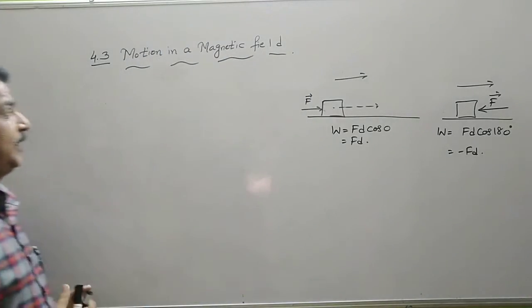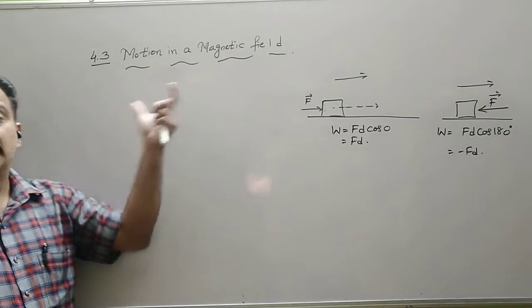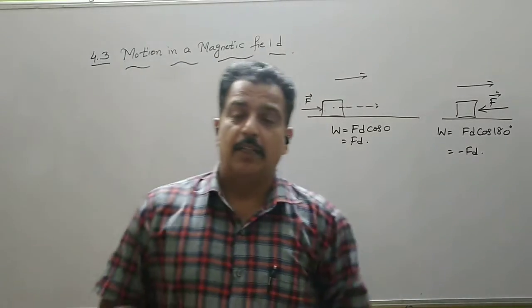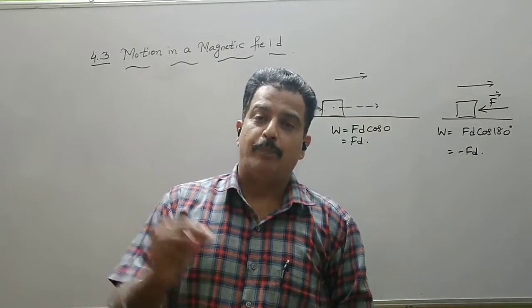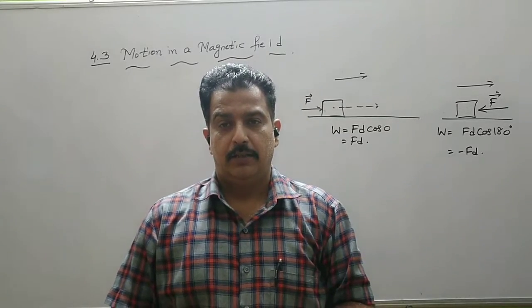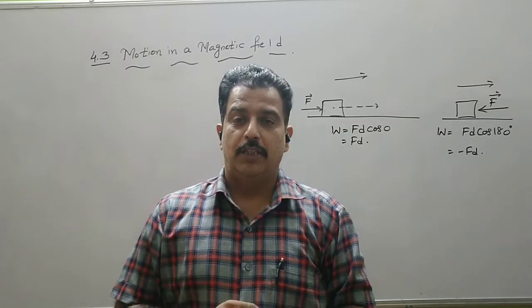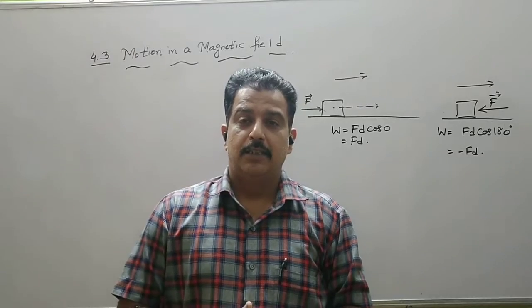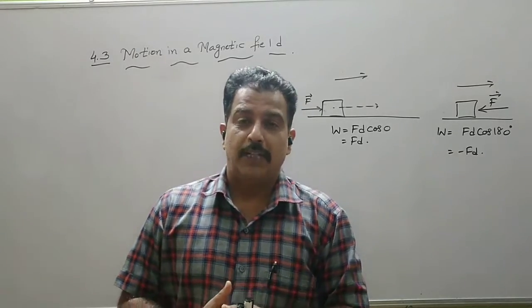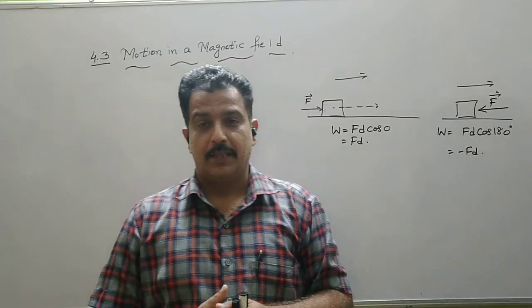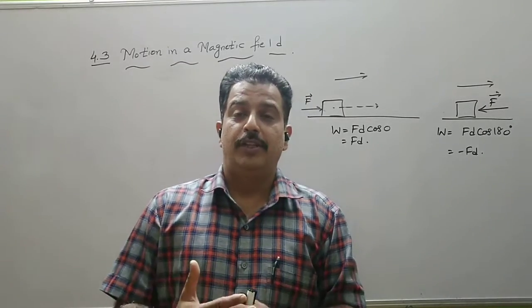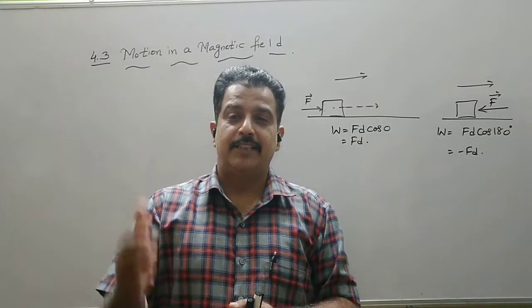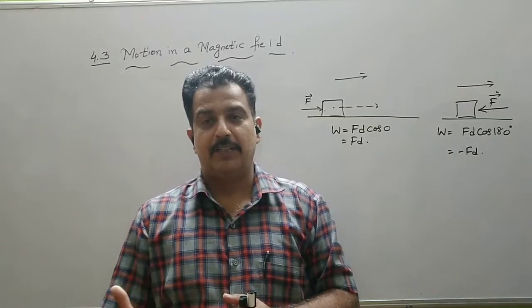Now let us see what will happen if a charged particle enters perpendicular to the magnetic field. In that situation, the force was given by q v cross B. The direction of v is the direction of the displacement.